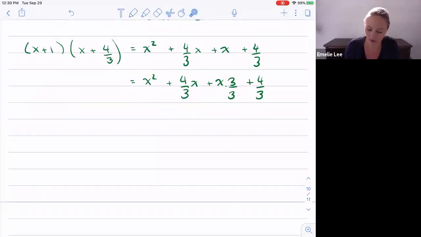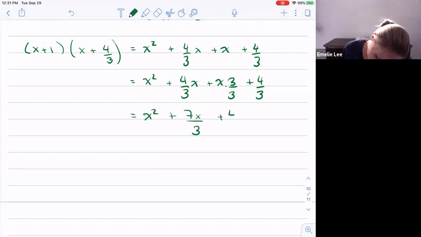So now I've got 4x plus 3x all over 3. I'm going to pick up the pace. So I get x squared plus 7x all over 3 plus 4 over 3. And you'll want to make sure that you got that jump, that leap.